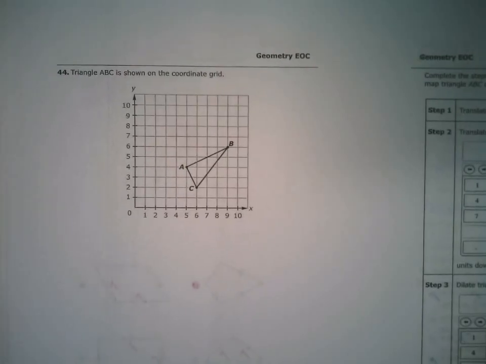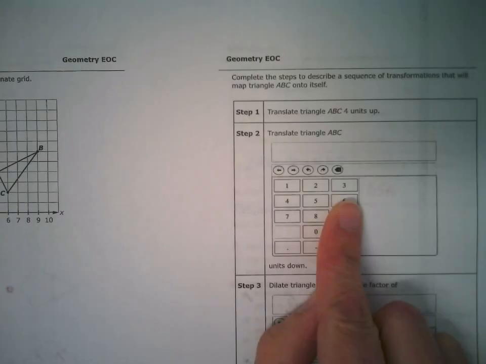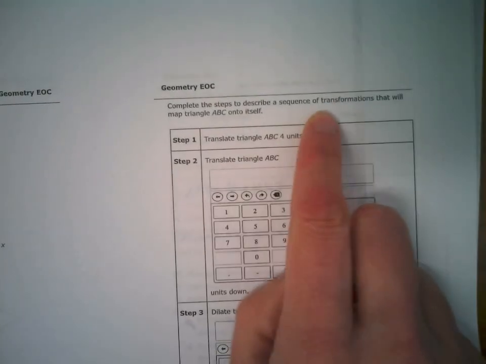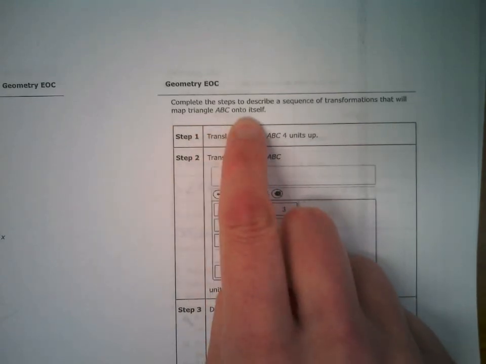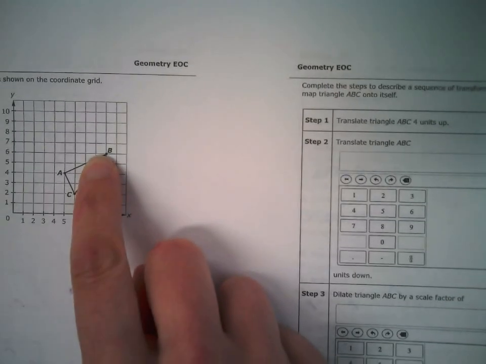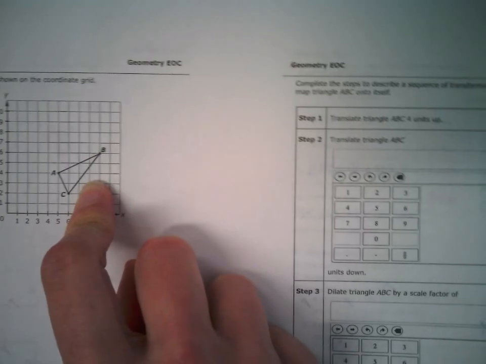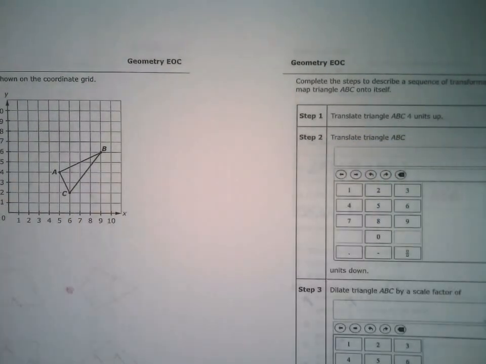All right, number 44. We have triangle ABC on our grid here, and it goes with these problems over here. It says complete the steps to describe a sequence of transformations that will map triangle ABC onto itself. So I'm going to move this somewhere, but then I'm going to move it back onto the same spot I started with. Step 1, I move ABC up 4 units.